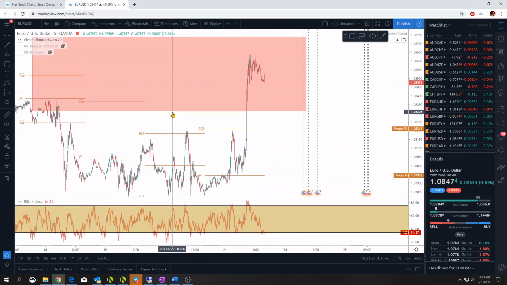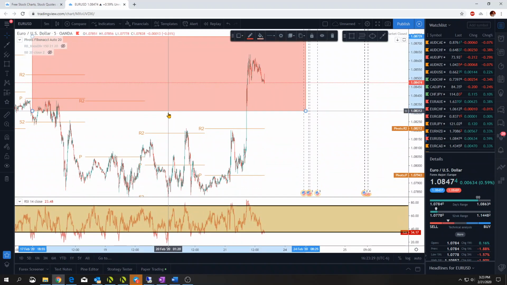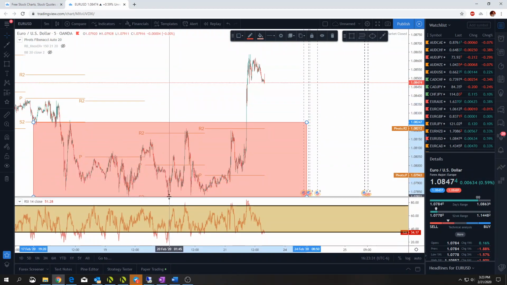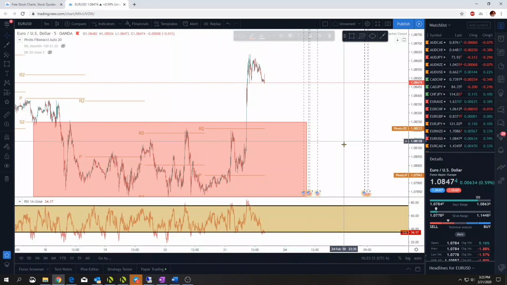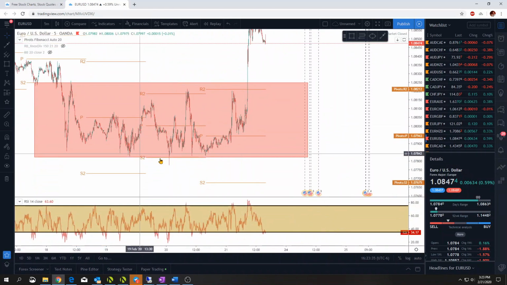Why did you do that? Let's look at this time frame, because as you can see, S2 winner, R2 winner, R2 winner, R2 loser, right? But when price is consolidating and it's like S2 winner, right?